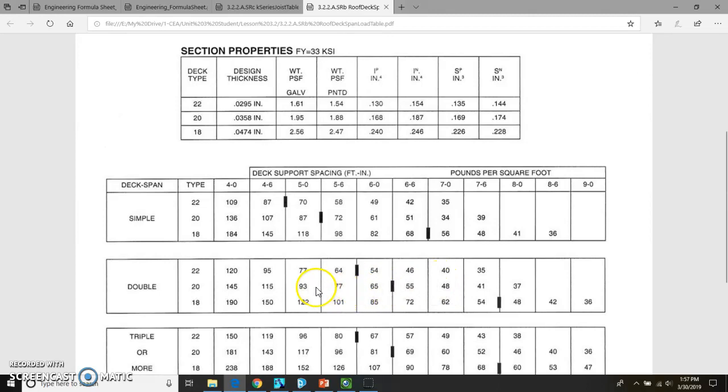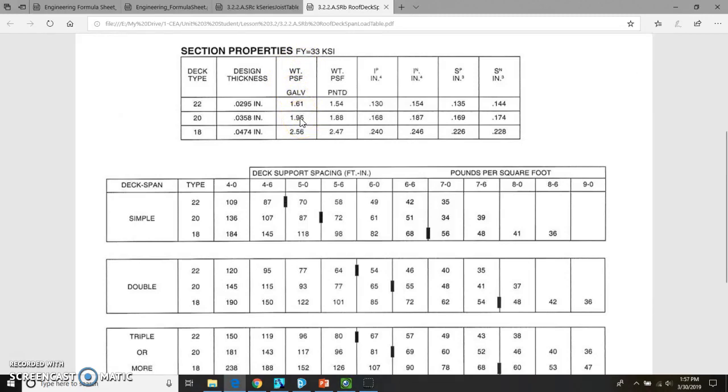So I'm going to trace back here to the left. In this column, right here at the top, it says type, and that's referring to the gauge. It says 20. So I'm going to go to deck type 20. And what I'm looking for is a couple things. I'll tell you what it is, and then I'll show you in the page where we're going to look. It's the weight PSF for galvanized, and that is 1.95.